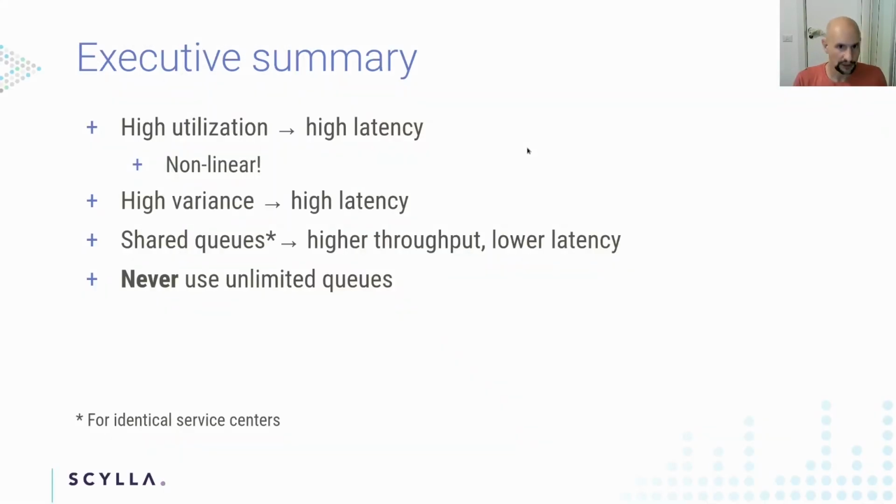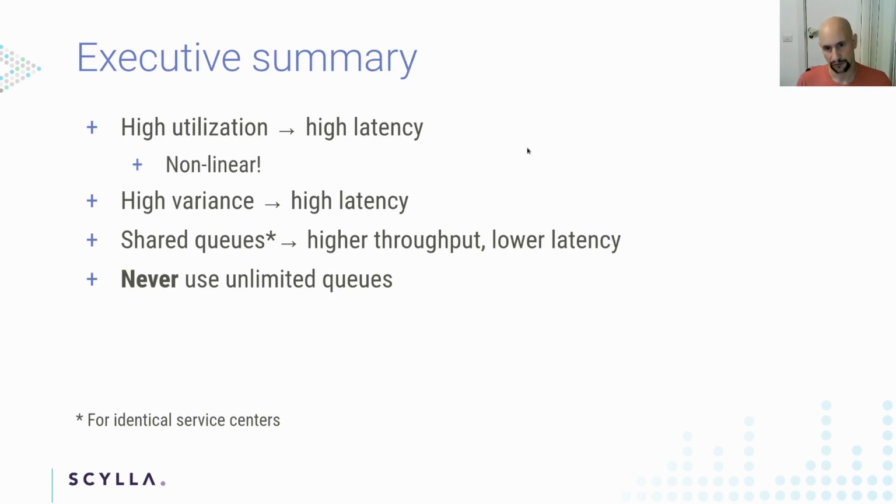So, to give you an executive summary of queuing theory, if you're going to have high utilization, you're going to have a lot of latency amplification, and it's going to happen in a nonlinear fashion. The closer you're going to be to the edge of your capacity, the higher latency amplification is going to be. If you're going to have high variance, again, you're going to have high latency.